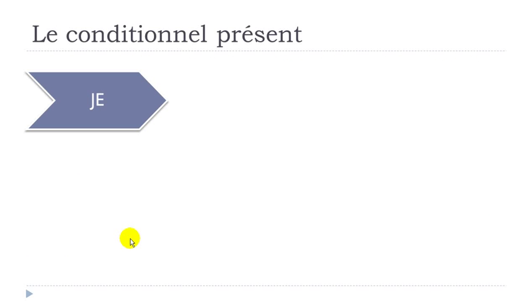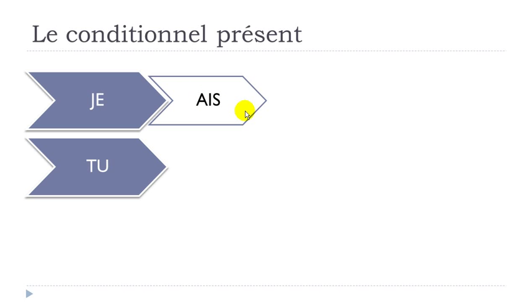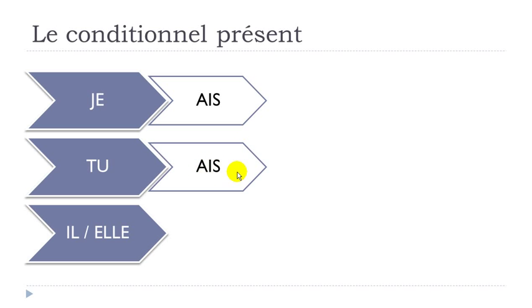So the endings now. We saw previously that the ending for je will be AIS, okay? The ending for tu will be, well, the same, AIS. The ending for il, elle will be AIT, okay?